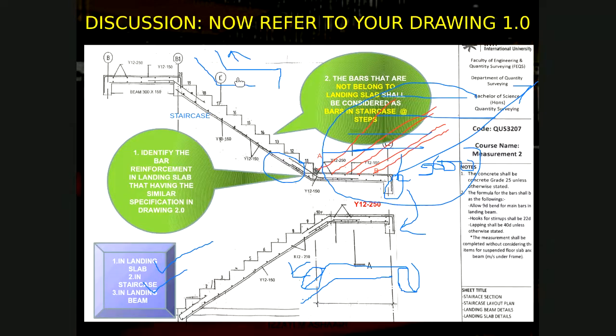Remember, when you identify this, you still have to identify the bar reinforcement according to different size and different location. Location means landing slab, staircase, and the beam. Okay, and in the landing beam also you have to identify according to different sizes and different types. Any questions so far, class? Any questions so far for the bar reinforcement?